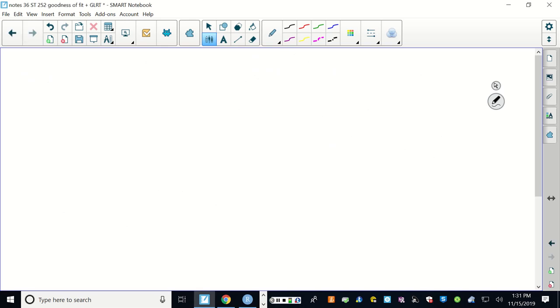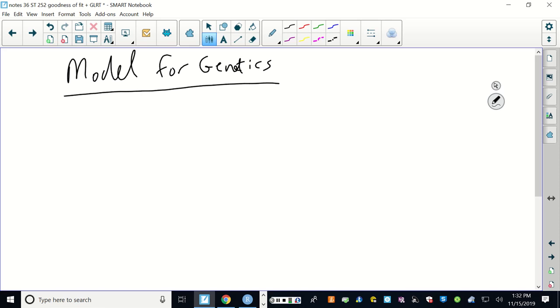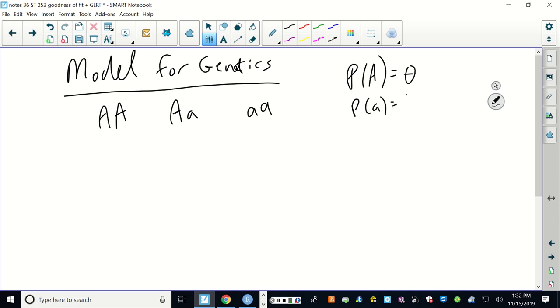So in goodness of fit testing, let's say we have a model. We're going to look at this genetics example, where there's a dominant trait and a recessive trait, and a certain probability that you get an allele from a parent that is the dominant one, or you get a heterozygous, a dominant one and a recessive, or these two recessives. The probability that you get one big A is some probability theta, and the probability of little a is 1 minus theta.